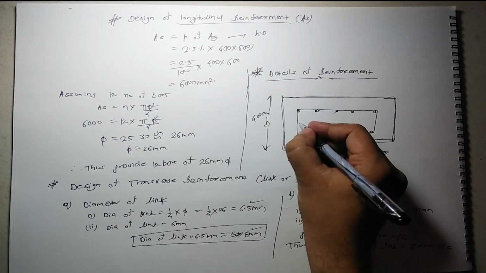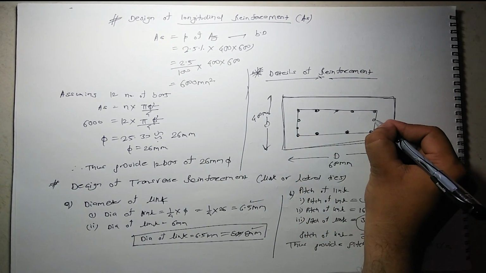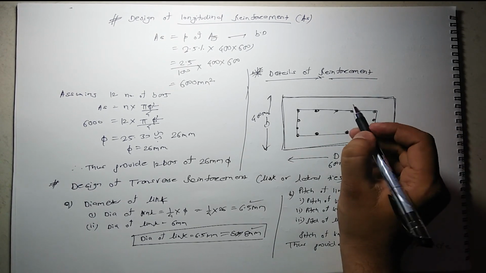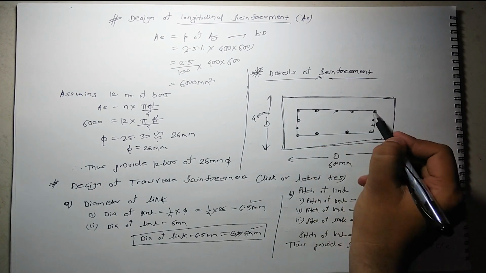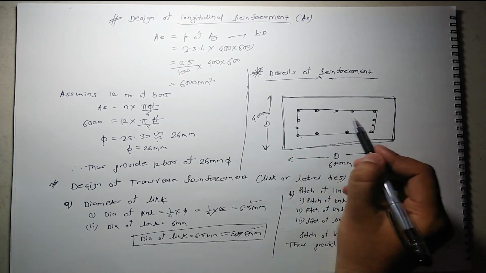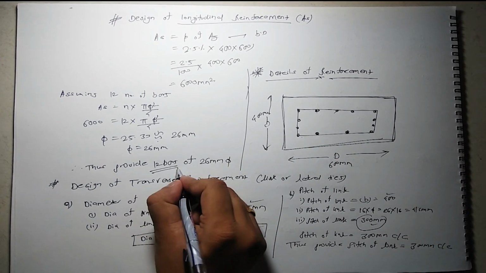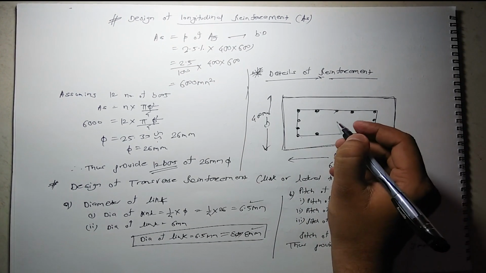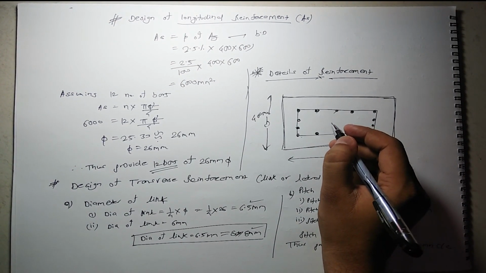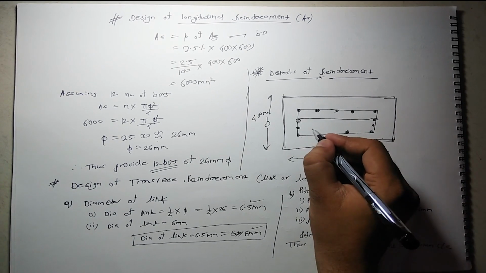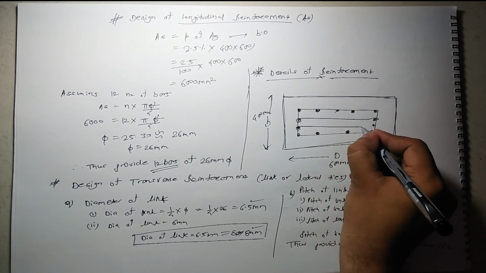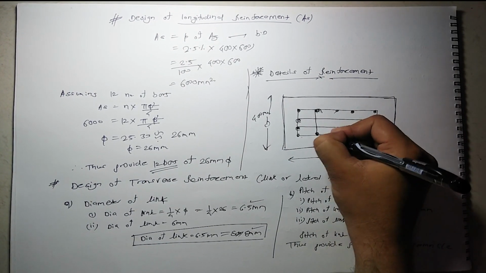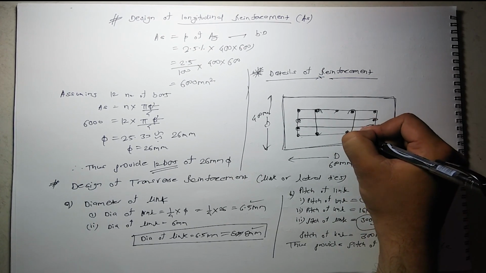This way. Then again there is 2. Okay, so we have provided the 12 bars, 1 2 3 4 5 6 7 8 9 10 11 12. So here we have provided the 12 bars. Just we need to draw this like this, again and this.